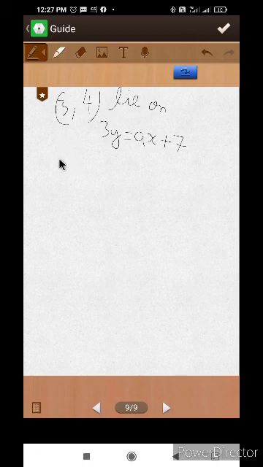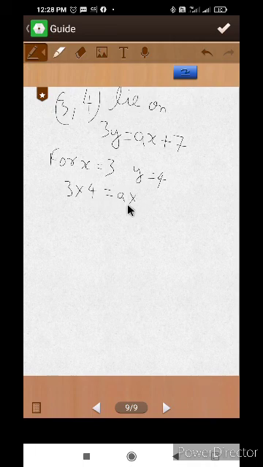So very simple, for x equals to 3 and y equals to 4, we'll substitute. So 3 times 4 equals to a into 3 plus 7.